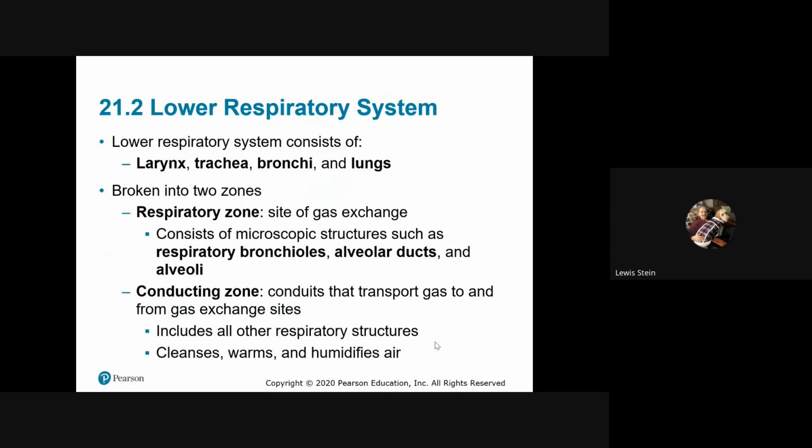And effectively, it ends in what are called terminal bronchioles. They are the last structures that have any cartilage whatsoever, and all they have are tiny fragments. When those disappear, we get into the respiratory zone.